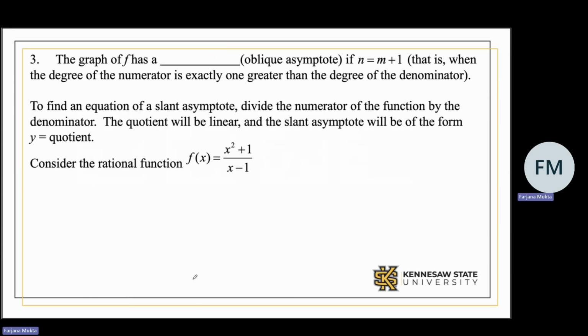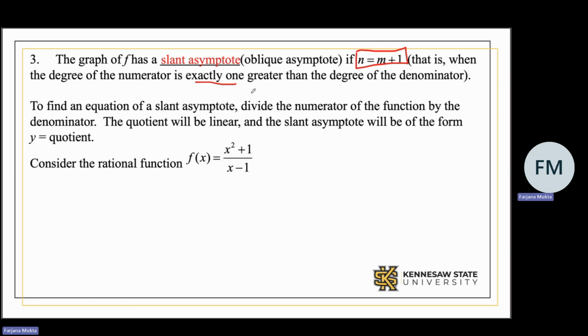Then we have learned about the slant asymptote as well, which we call the oblique asymptote. First of all, we need to check if we have a slant asymptote for the rational function or not. How do we do that? We check if the degree of the numerator is exactly 1 degree higher than the degree of the denominator.